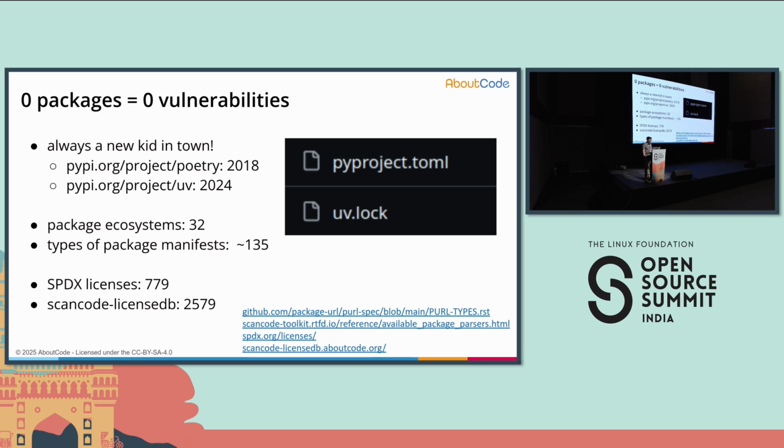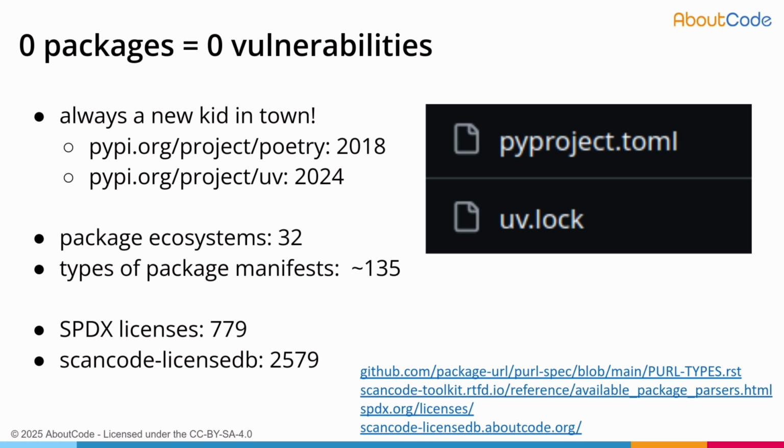For example, Package URL has 32 ecosystems and probably about 30 or 40 more which are proposed, and there could be more ecosystems, right? And then every ecosystem has a couple of package manifests, like Python has setup.py, setup.cfg, pyproject.toml. There are lock files, requirements.txt, uv.lock.